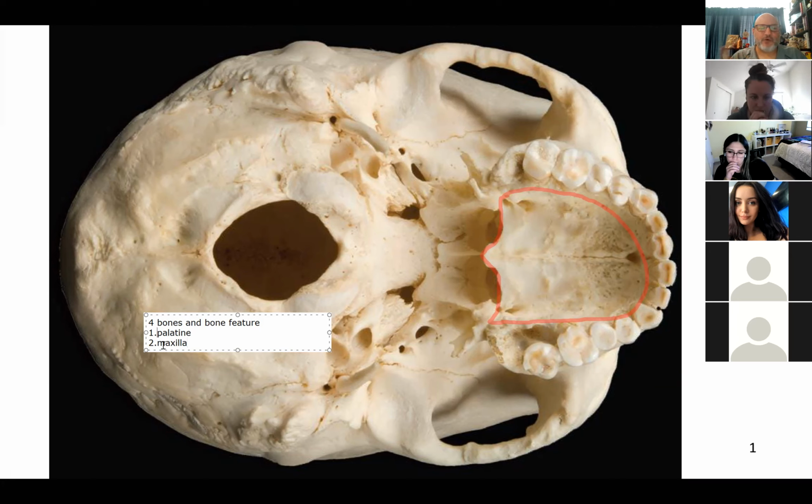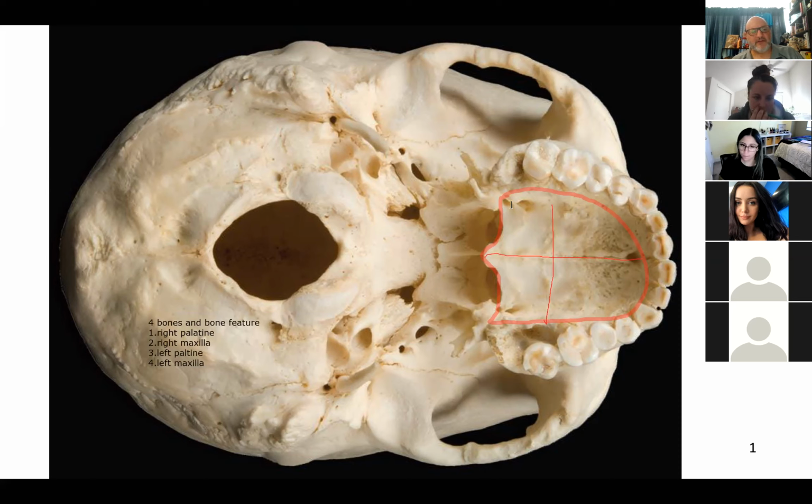Absolutely. So the 4 bones that make up the hard palate are the right palatine, the right maxilla, the left palatine, and the left maxilla. So notice this is made up and we can actually see the sutures there and there.